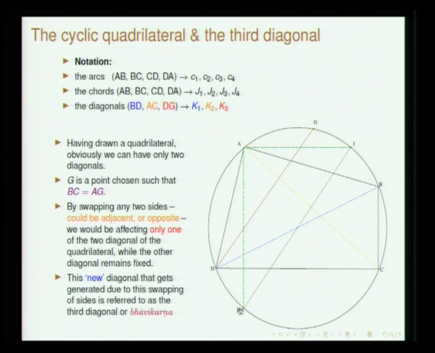Similarly, on the other side you choose point H such that it is the center of this ADC. So, you divide this into the two things.